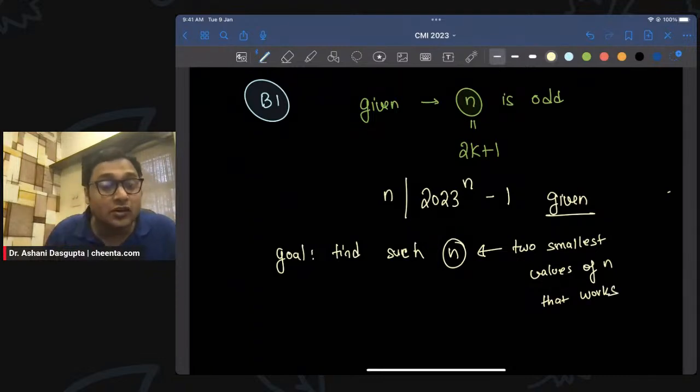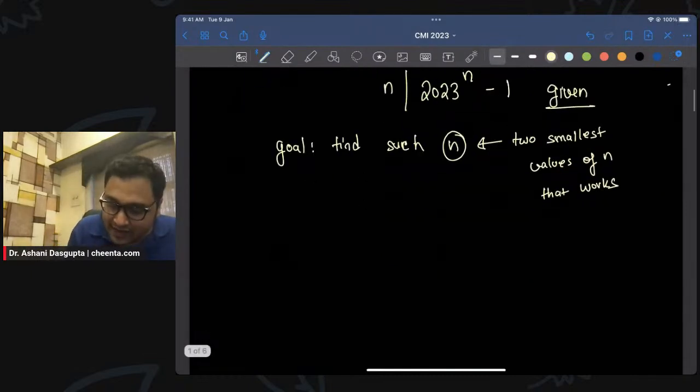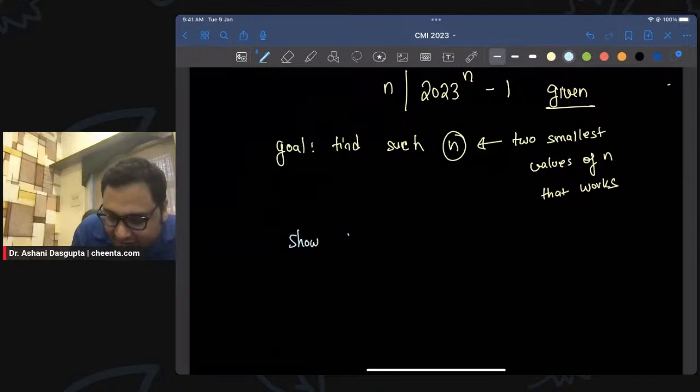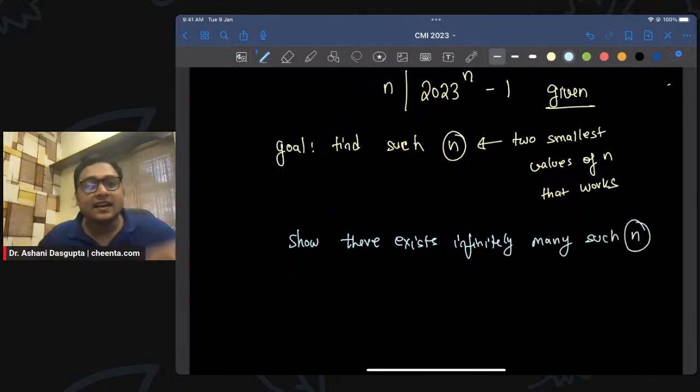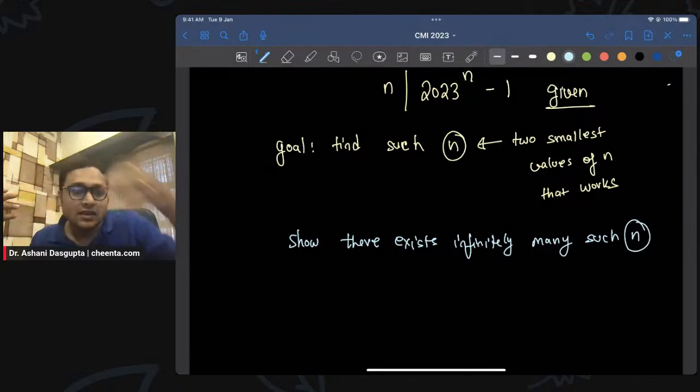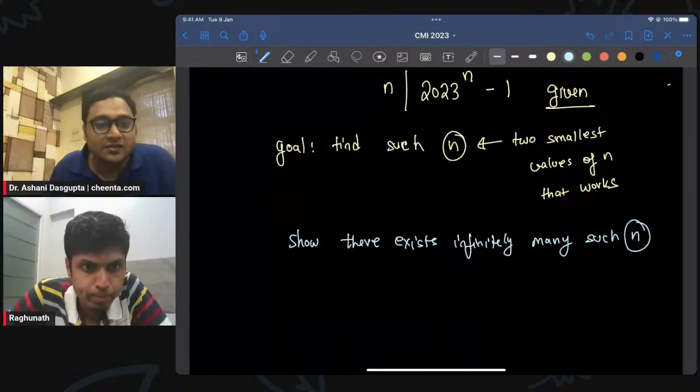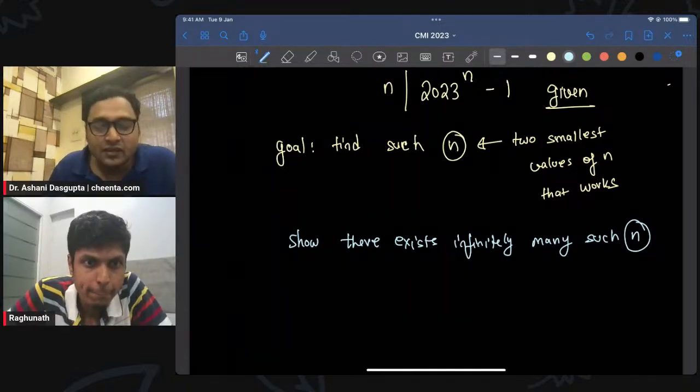We have to find two smallest values of n that work, and then we have to show that there exist infinitely many such n. That is, there are infinitely many numbers which have that particular property.